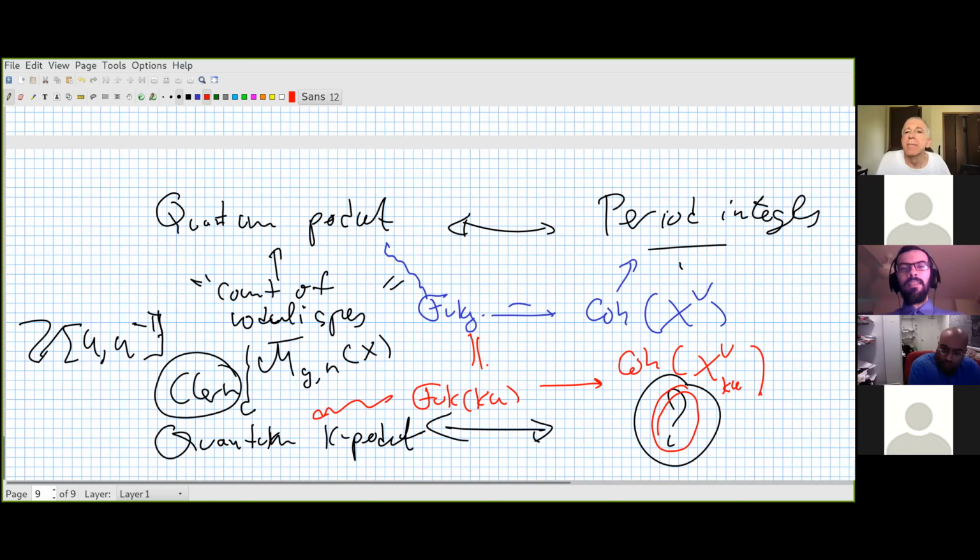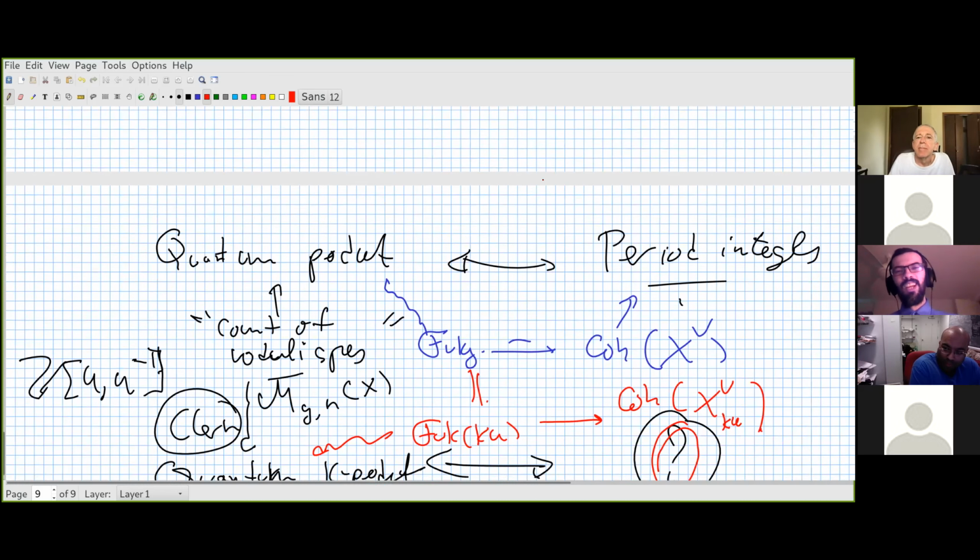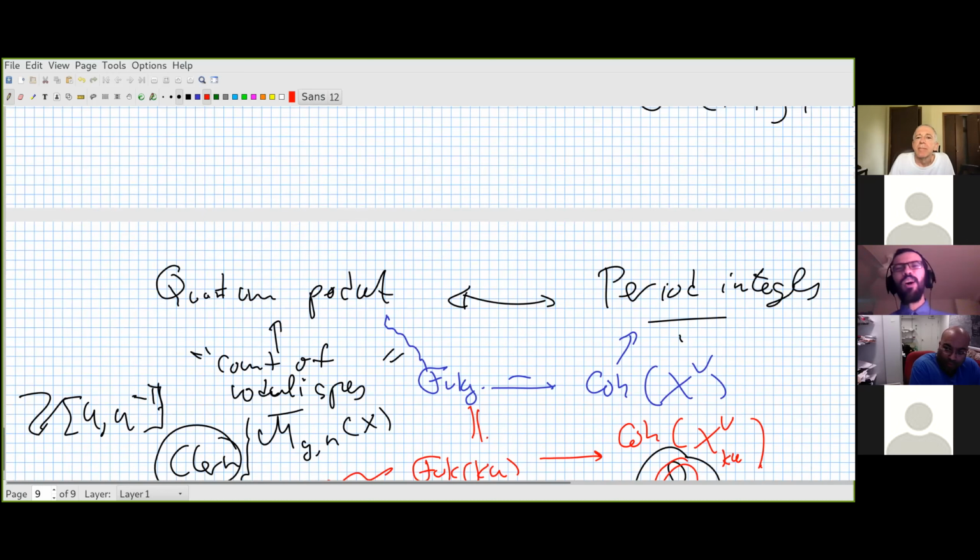Do you expect to be able to recover what Paul Seidel is doing with quantum Steenrod, in some limit of your quantum cohomology invariance with K-theory coefficients? I haven't thought about it. Yes, I think there's going to be some quantum Steenrod operations, but I have not thought about how to recover them from this business.